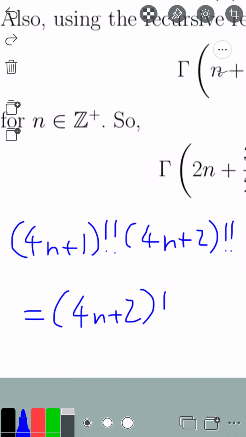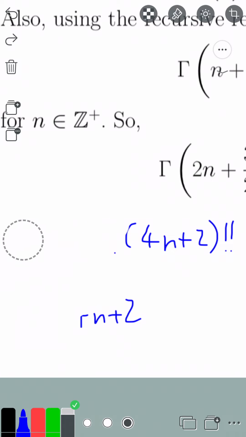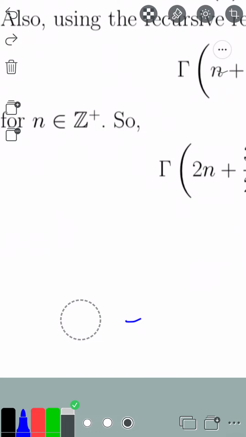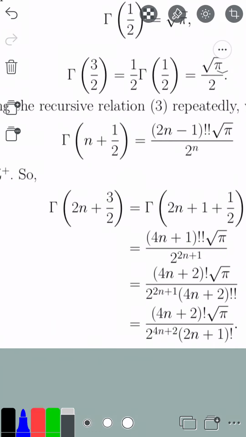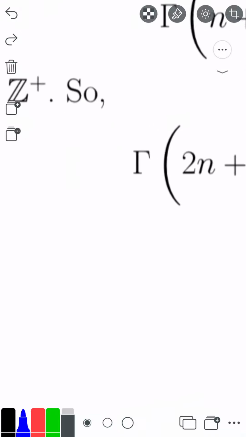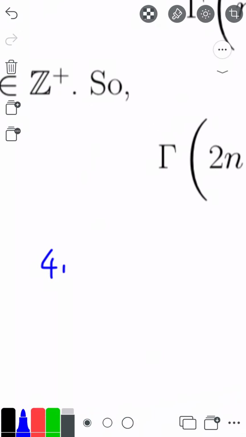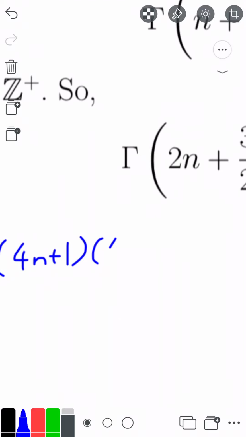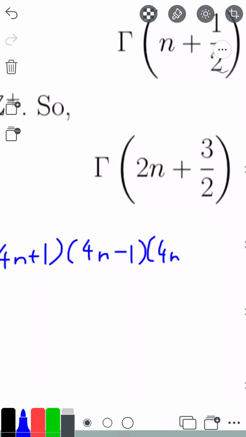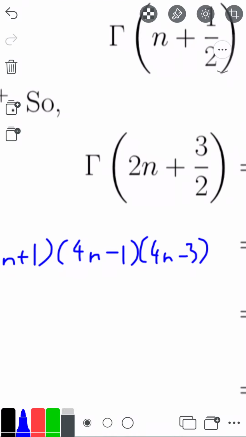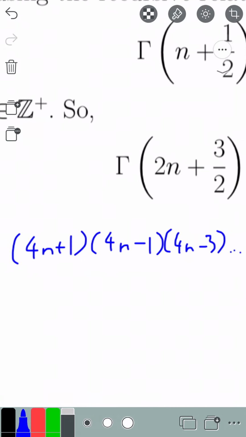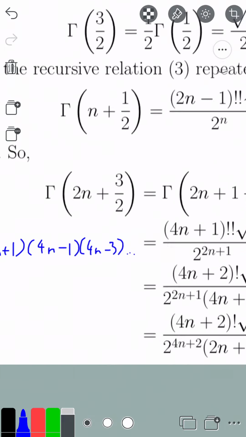And the reason why is, so here the 4n plus 1 double factorial is basically 4n plus 1 times 4n minus 1 times 4n minus 3 and so on, and times 4n plus 2 double factorial.